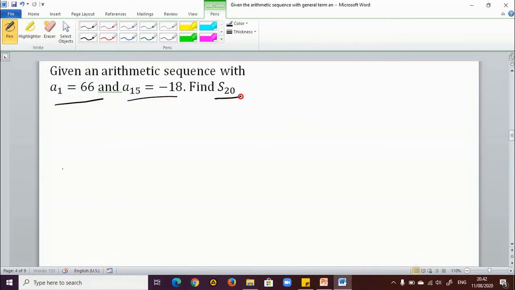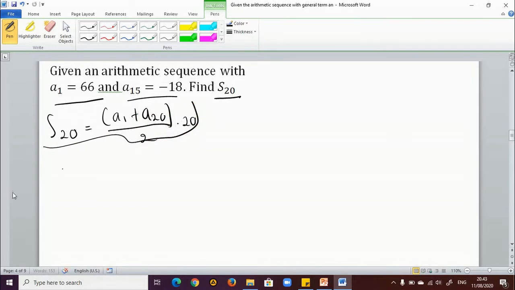Given an arithmetic sequence with the first term 66 and the 15th term minus 18, you need to find S20. So S20 is equal to the first term plus the 20th term over 2 times 20, right? But before we answer this one, we need to find the difference first.